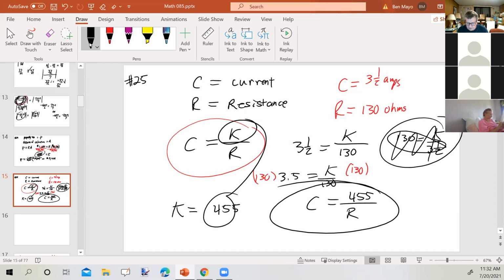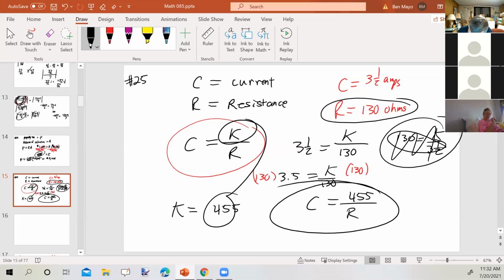Now it says, find the current in the circuit when the resistance is doubled. So what's 2 times 130? 260.